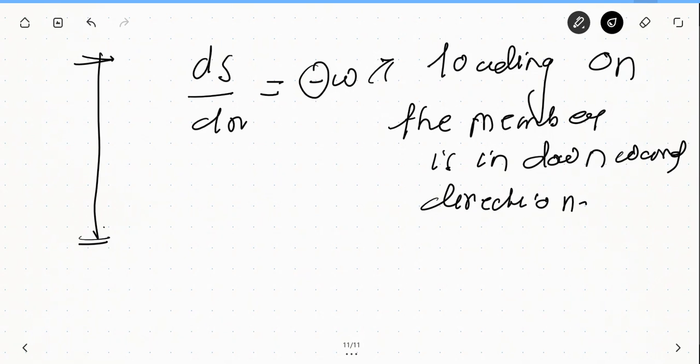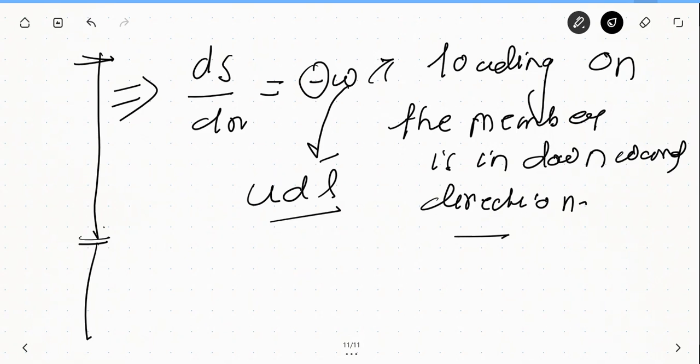This loading was the UDL, uniformly distributed load. Remember this point: if there is a point load, this equation is not applicable, because it is derived for a uniformly distributed load on a beam.